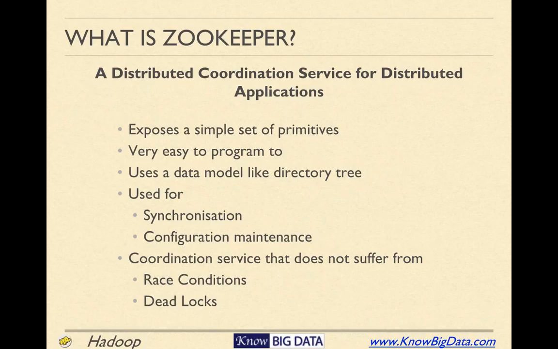All right, so it exposes a set of primitives which are very easy to program to, and uses a data model like a directory structure. For coordination you could have used a centralized networked file system, right? And the whole idea comes from there.